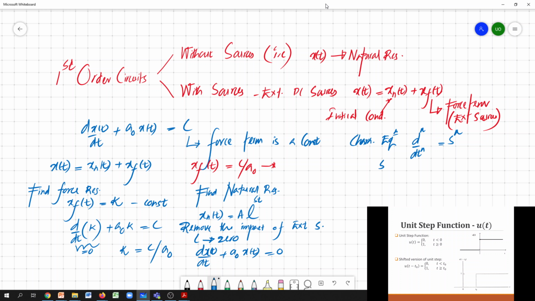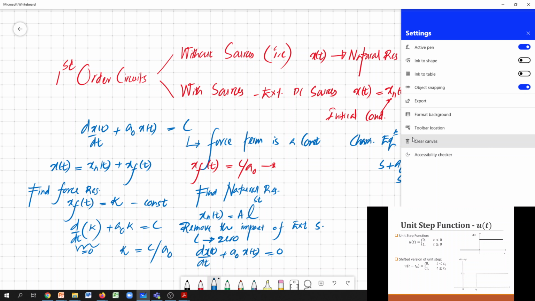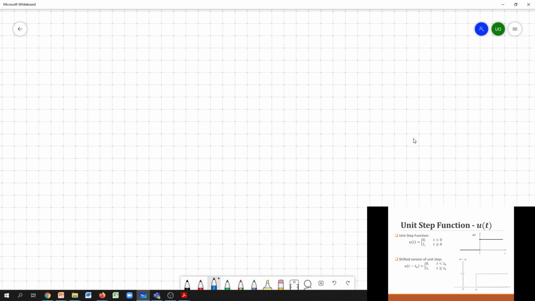So then this becomes s plus a naught equals 0, and s equals minus a naught. So then we have the forced response xf(t) as c over a naught, and the natural response is like this.